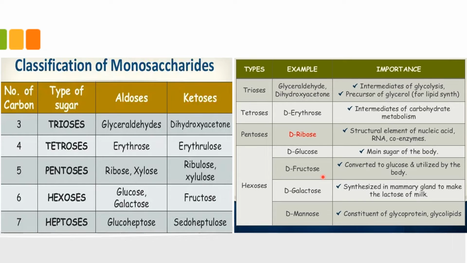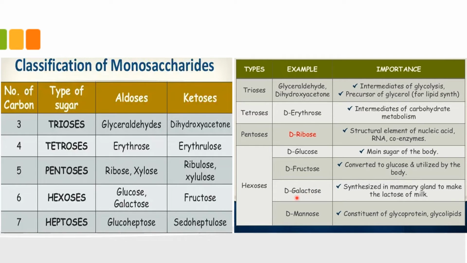We have a specific metabolism called fructose metabolism, because our system can utilize only glucose for energy purposes, that means in the glycolysis pathway, carbohydrate metabolism. If fructose is there in our system, it will be converted to glucose. There is an isomerization in fructose, it is converted to glucose, and we get glucose finally. This glucose is thereafter utilized by the body as usual by the process called glycolysis.